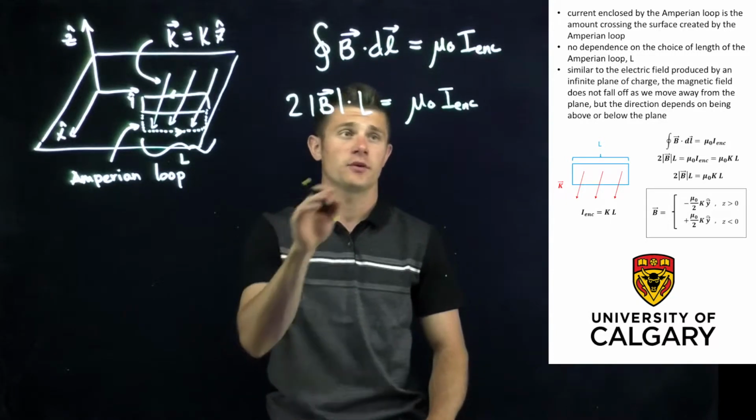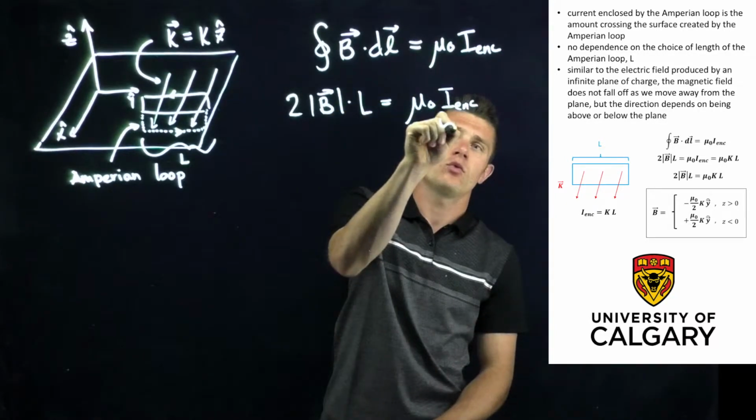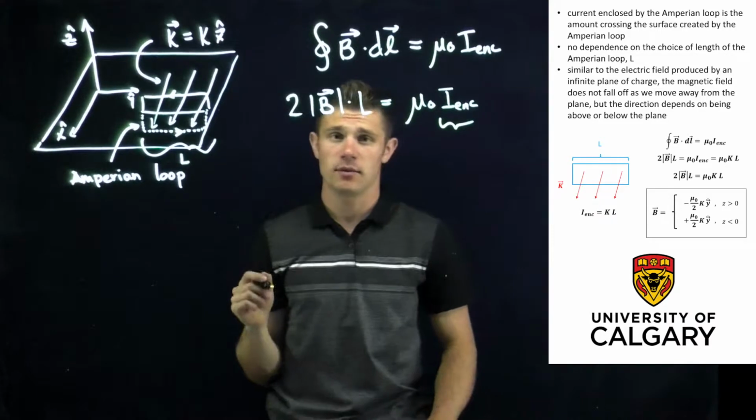To complete the problem, we look at the right-hand side of the equation, where we need to find out what is the enclosed current by this Amperian loop.